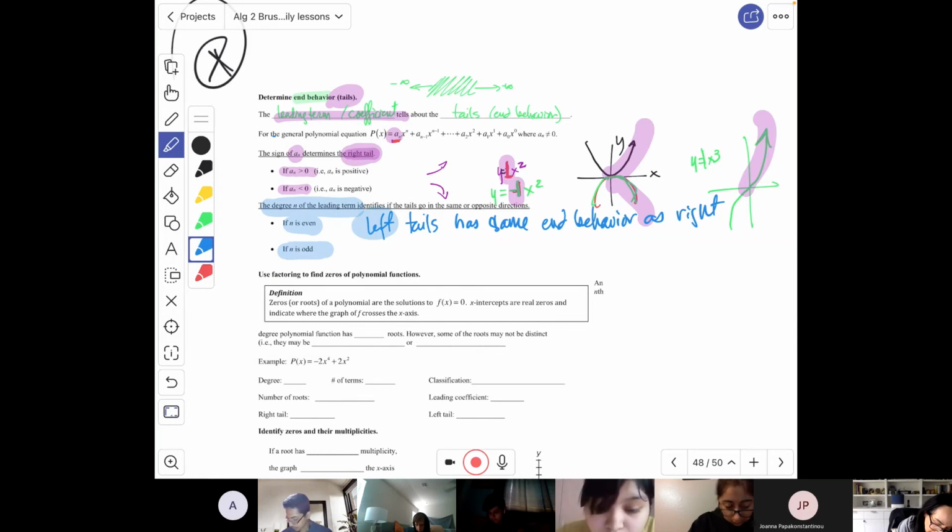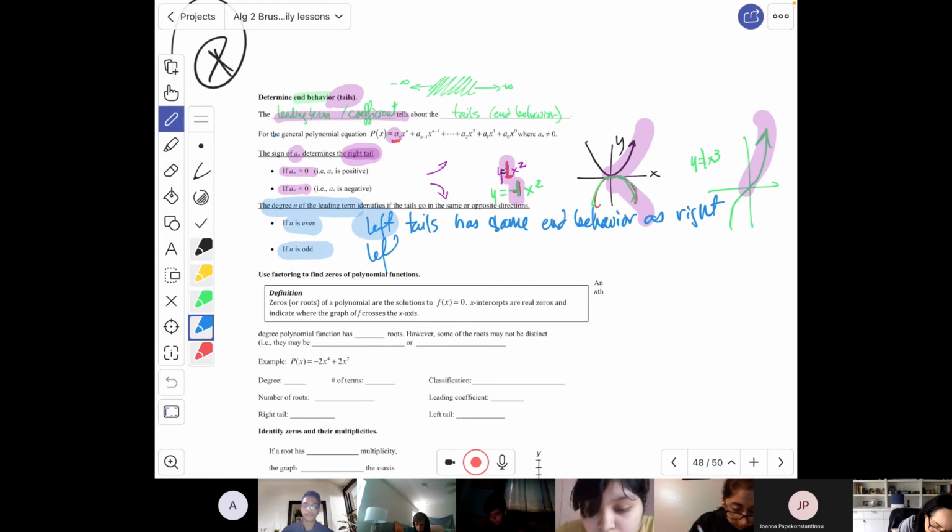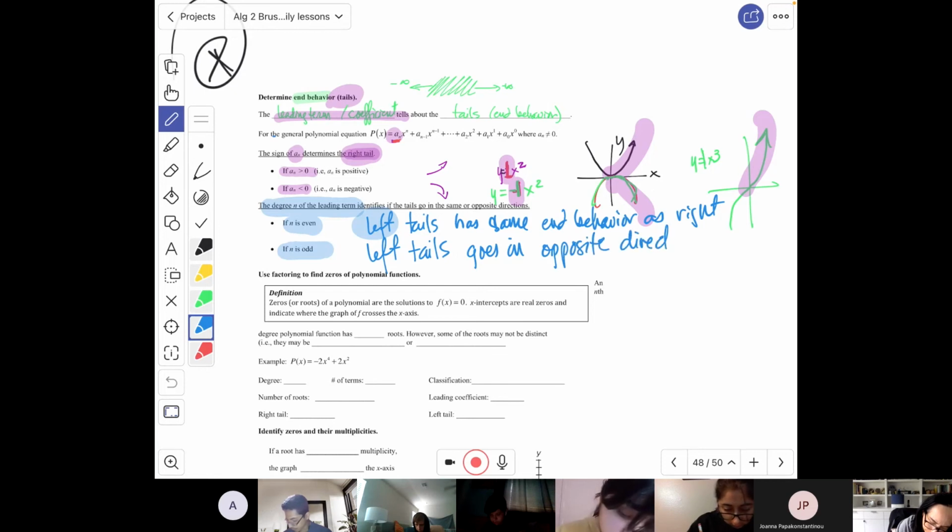If the degree is odd, it tells you that the left tail goes in the opposite direction as the right tail. So if n is even, same end behavior.